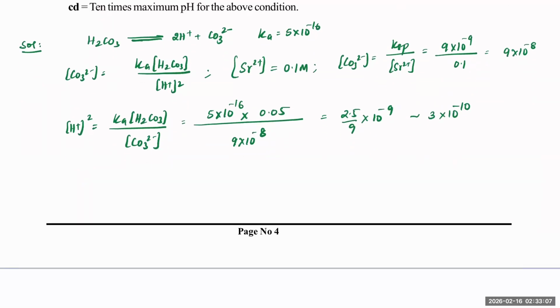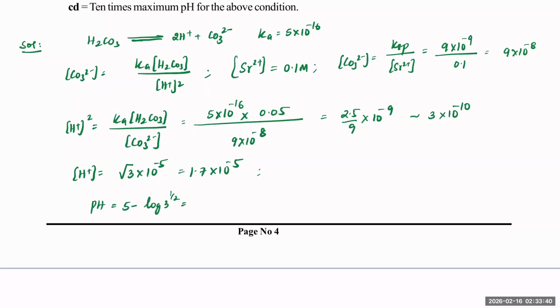Which means the H plus concentration will be approximately root 3 into 10 raised to power of minus 5. Root 3 means around 1.7 into 10 raised to power of minus 5. This is the first case, beta. If you calculate the pH, what do I get? pH will be equal to 5 minus log of 3 raised to power of half.